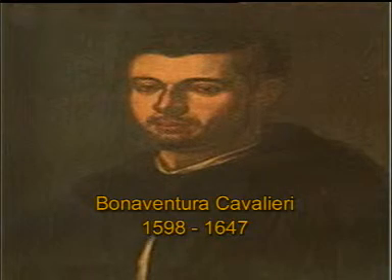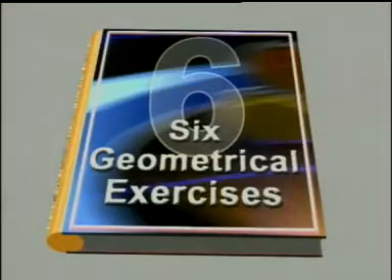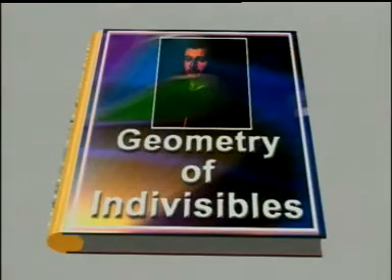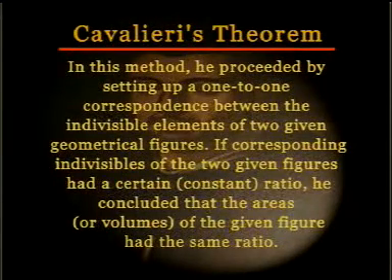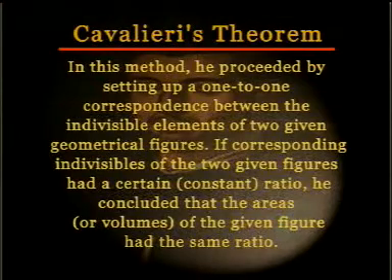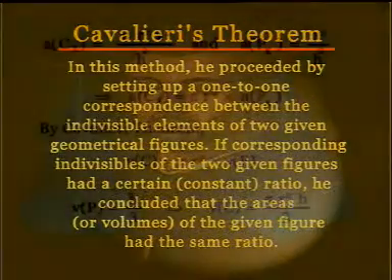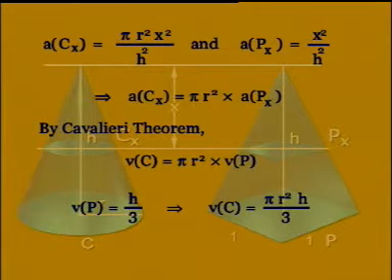Bonaventura Cavalieri developed these techniques further in his two books and obtained an elaborate theory of area and volume problems. Throughout his mathematics, he used a result still known as Cavalieri's theorem. Applying this result, he could obtain a correct formula for the volume of a cone.